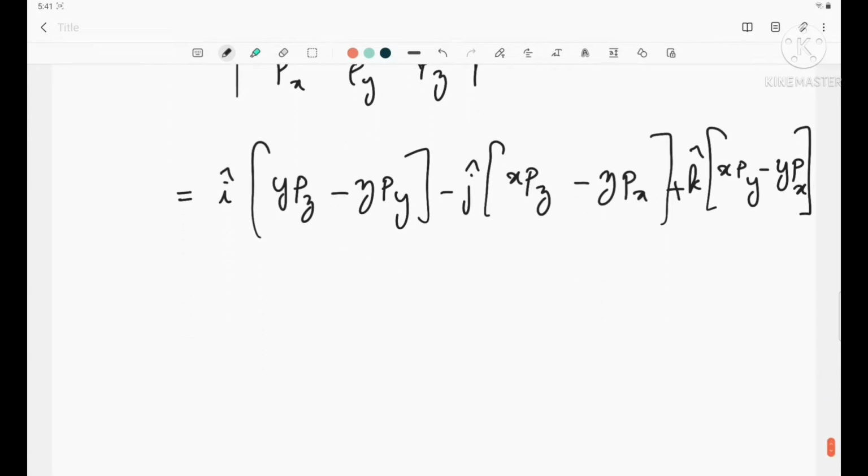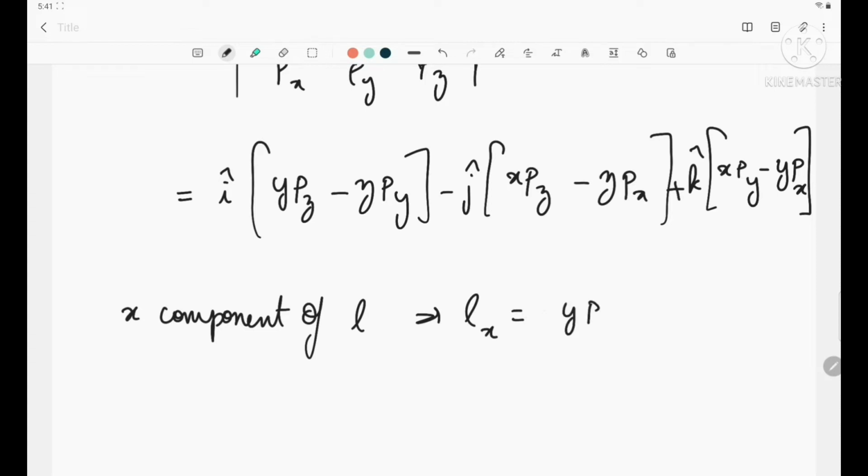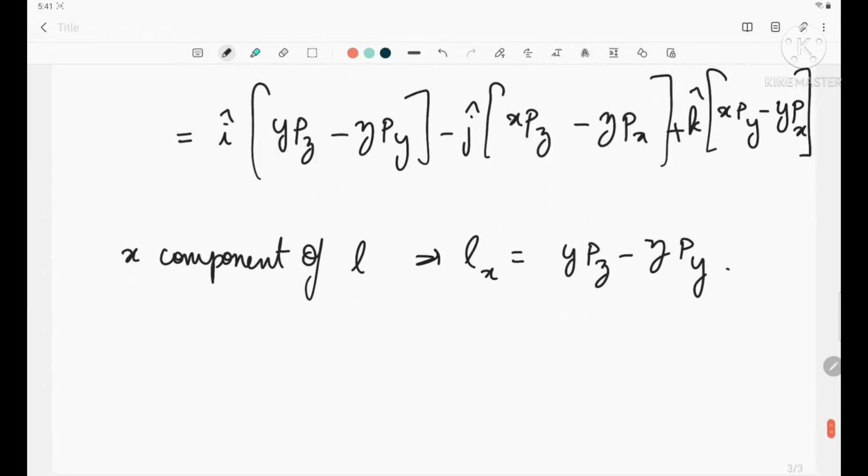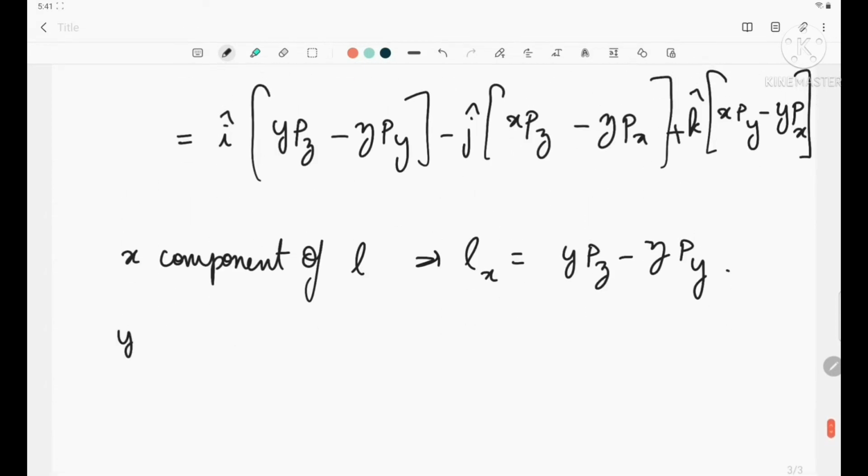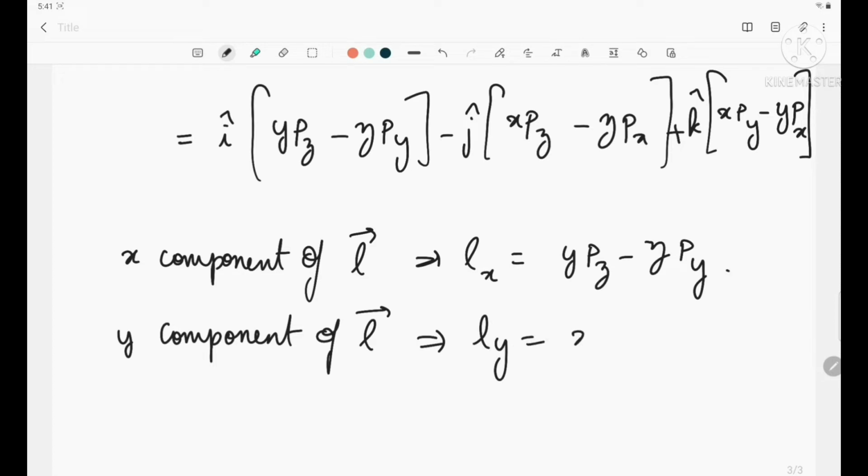Okay, right. So here the x component of angular momentum, that is Lx, is equal to y pz minus z py, and then the y component of L will be Ly is equal to minus x pz plus z px.